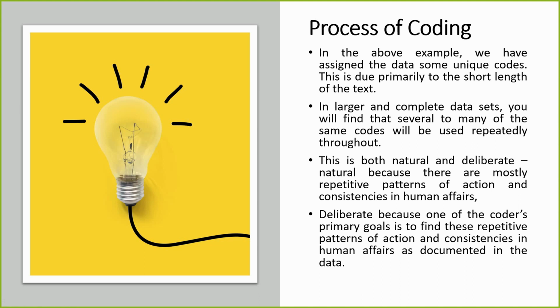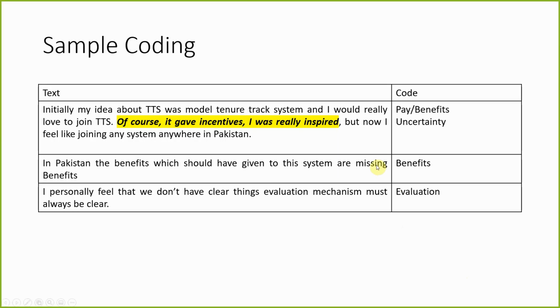This highlights the need of this particular issue, problem, or concept, and consistencies in human affairs as documented in the data. We'll be looking at an example of a write-up as well after the coding and themes emerge, so you'll understand that better over there as well.